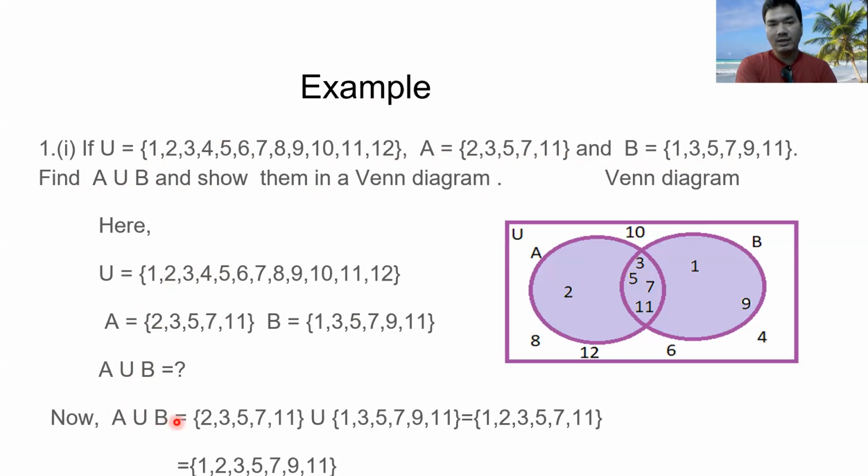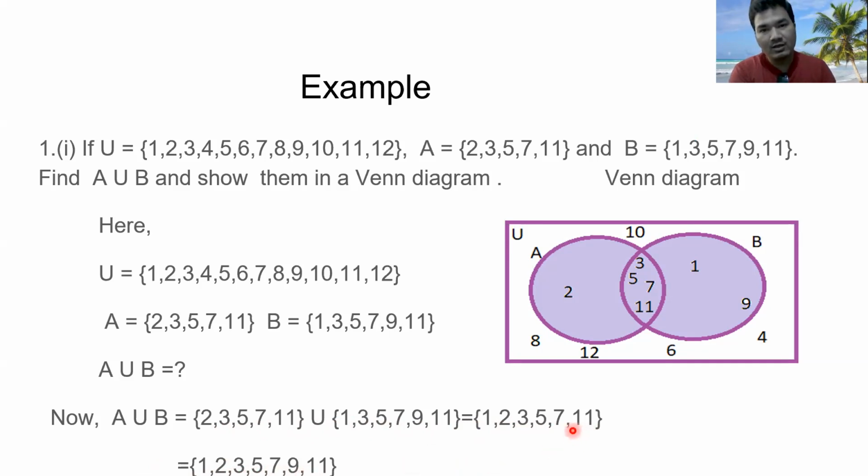Then we are going to find A union B. Now A union B means A here, 2, 3, 5, 7, 11, union B here, 1, 3, 5, 7, 9, 11. And when you find A union B, what will come here? When you combine them, 1, 2, 3, 5, 7, 11, then 9.